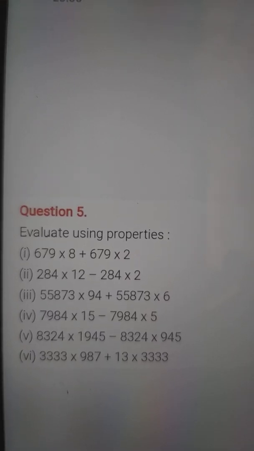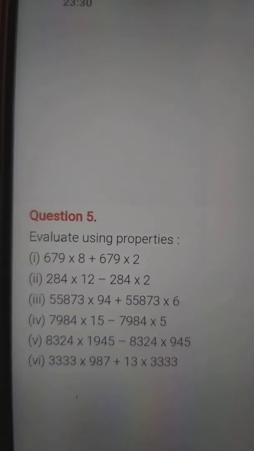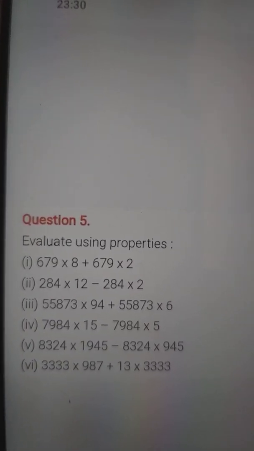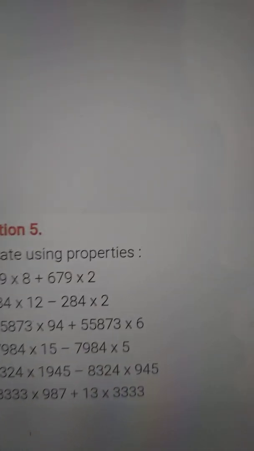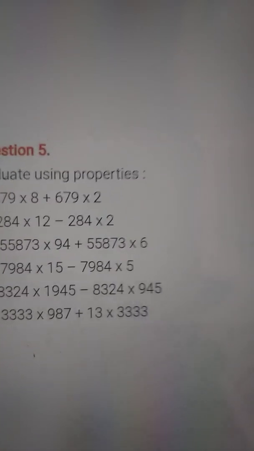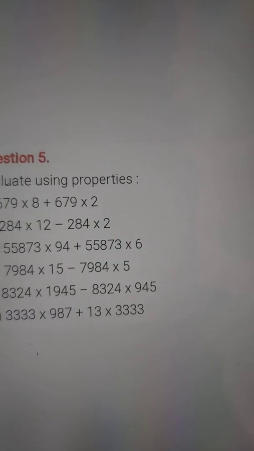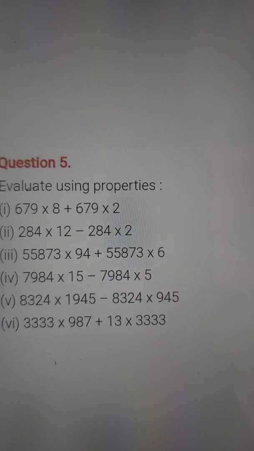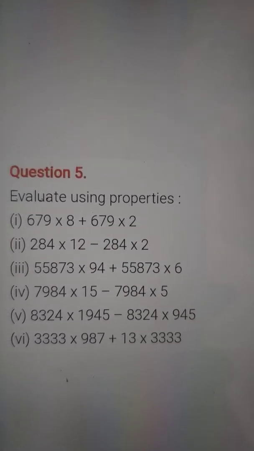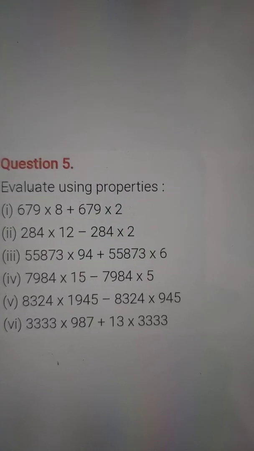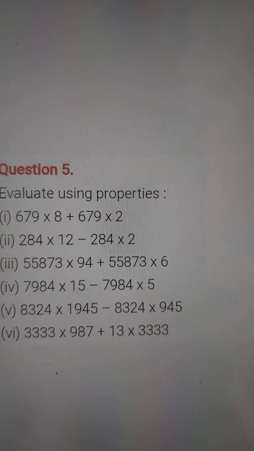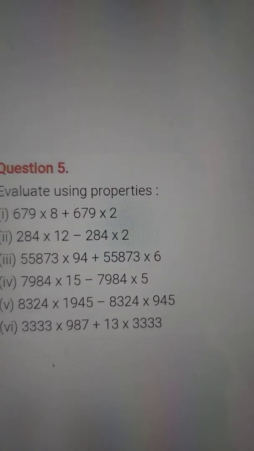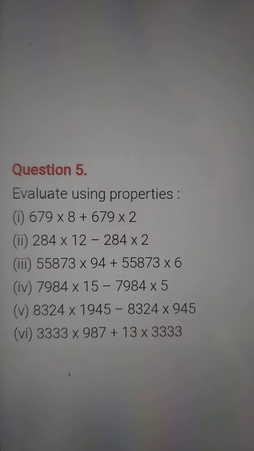Question number 5, evaluate using properties. Here in this you have to use the reverse of the distributive property. The numbers are already given in the expanded form. Try to get it. See, in this question you can see a number in common. Yes, the number is 679.